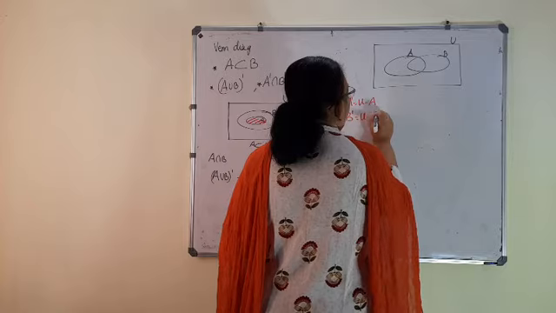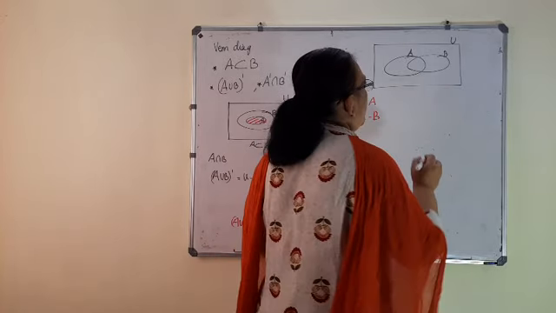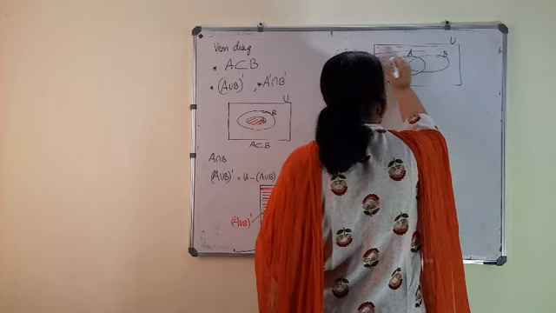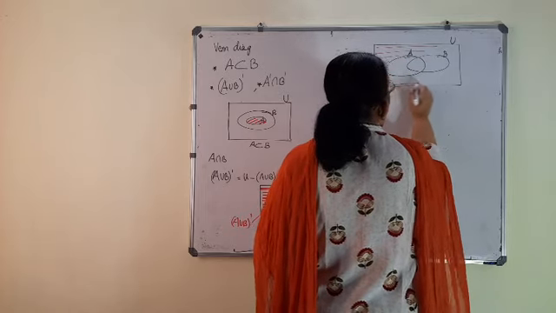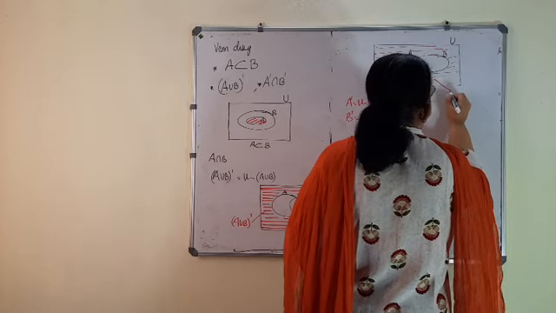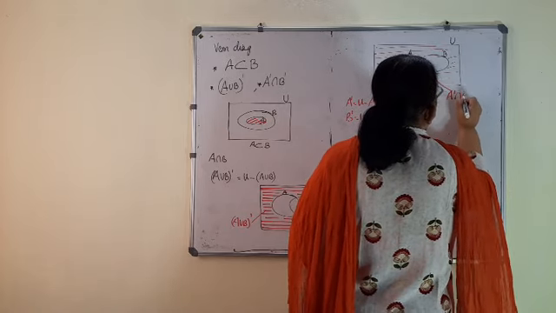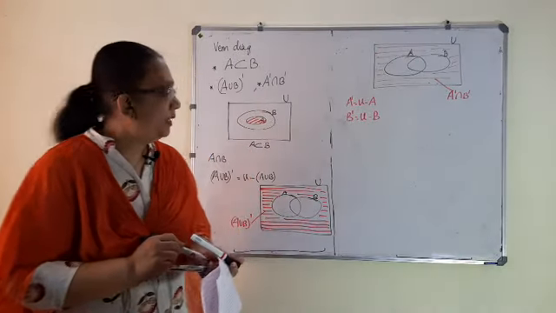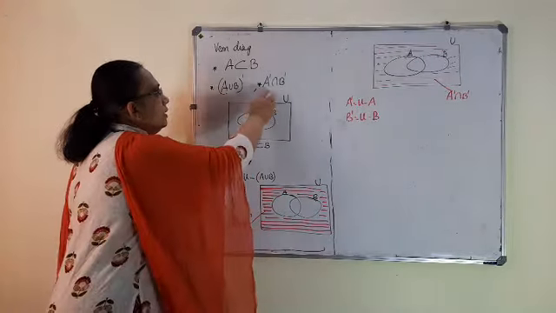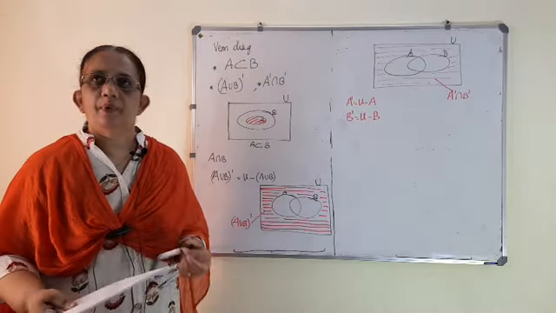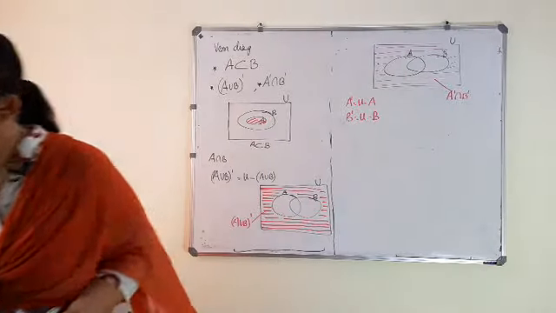U minus B. Elements in U but not in B. So what is A complement intersection B complement? And of course you know that this is nothing but De Morgan's law. Both these will be equal. So such type of questions can come for the exam.